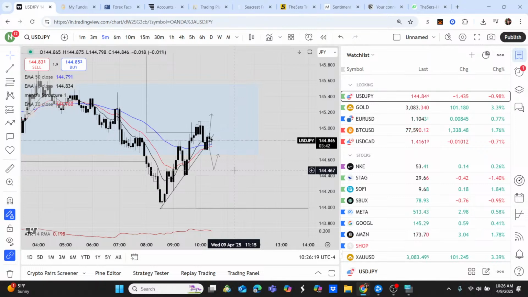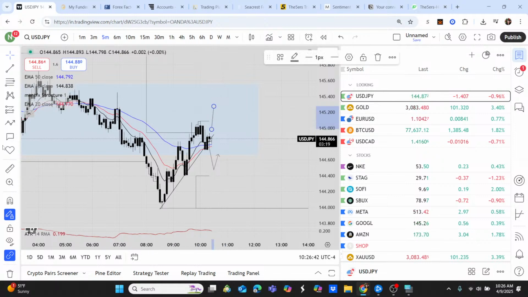So notice I always have a plan. What I mean by that is if price does this, I'm gonna do this. If price does that, I'm gonna do that. A lot of people jump into this thing without having a plan. So if you notice, I always explain my plan. If price ends up going up here, there's nothing for me to do because it's likely to chop around. So what will I do? Now look for trades on USDJPY.